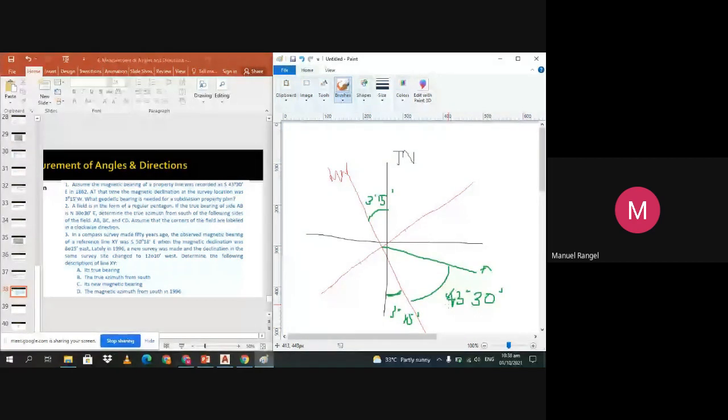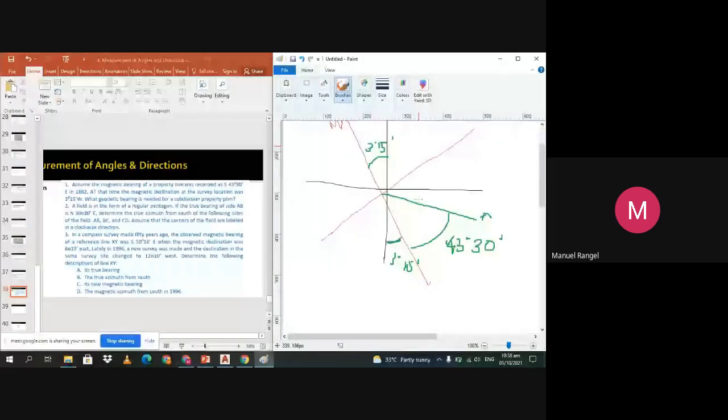So the true bearing is 46 degrees 45 minutes east. The reference now is from true north. So the true bearing is 46 degrees 45 minutes southeast. Okay, that's it.